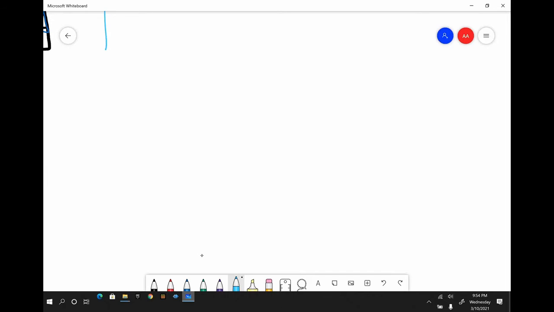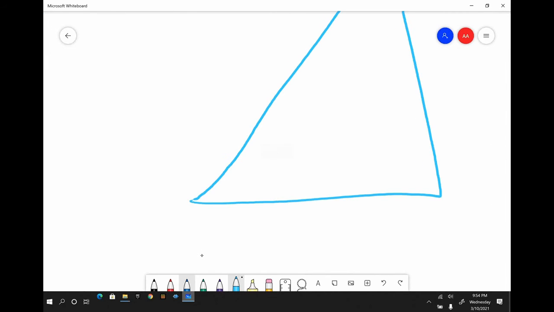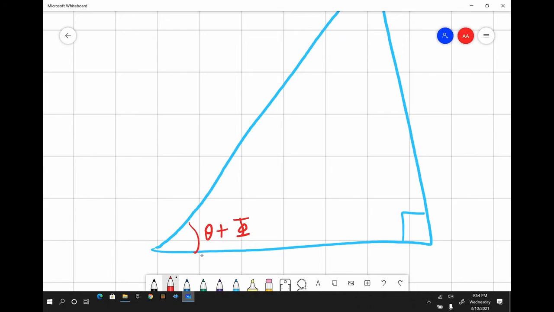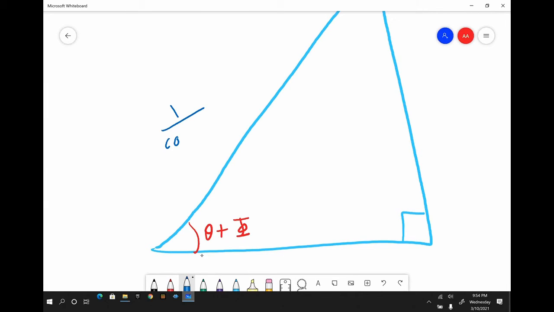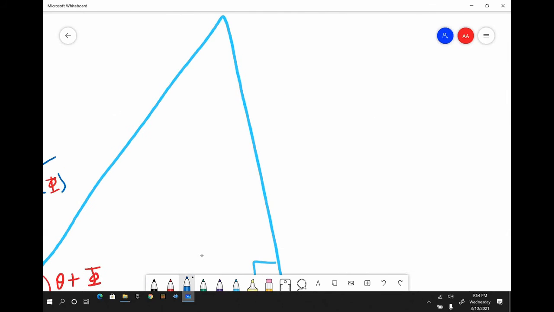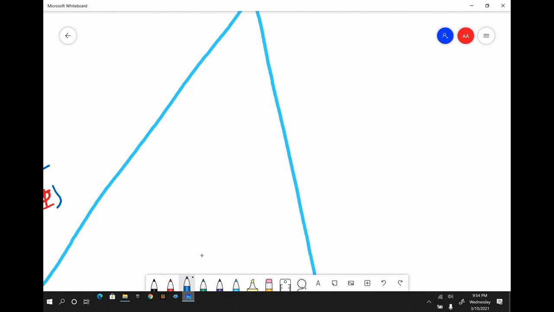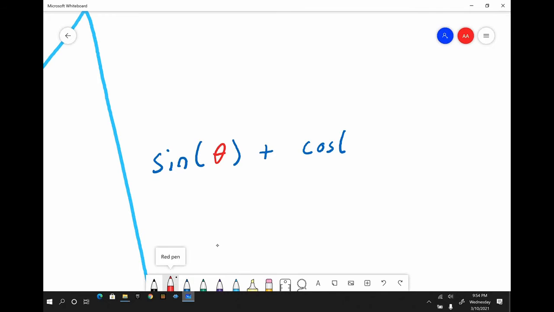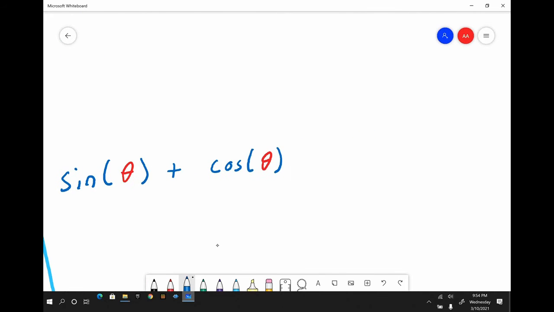We'll have the big blue triangle with a right angle here, and it will have an angle theta plus phi and a known hypotenuse of 1 over the cosine of phi and a known opposite side, which is the sine of theta plus the cosine of theta times the sine of phi divided by the cosine of phi.